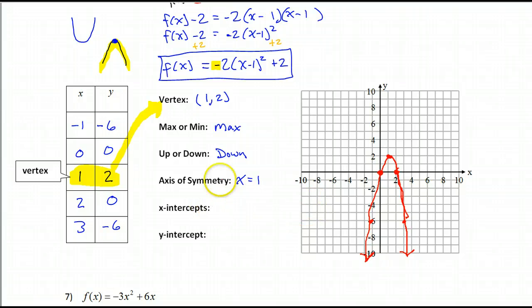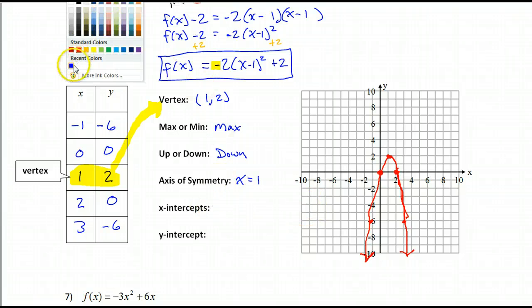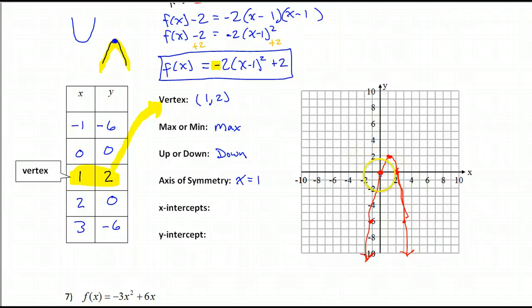So, can I know the x-intercepts now? Yeah, these were the x-intercepts, where it touched the x-axis. So the x-intercepts are 0, 0, and 2, 0. Okay, boom, boom.